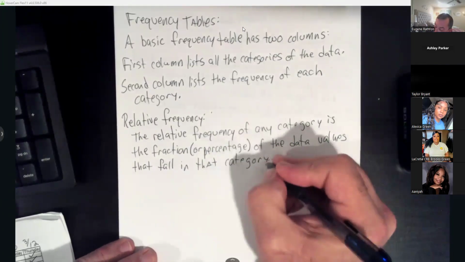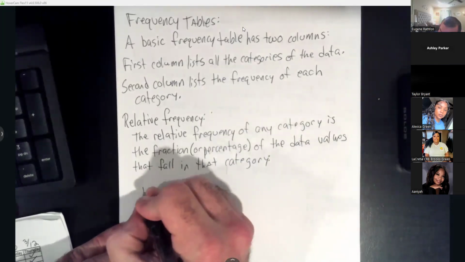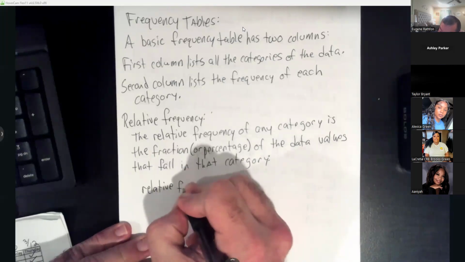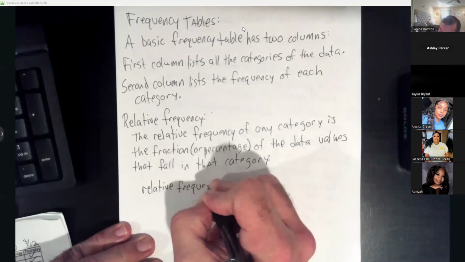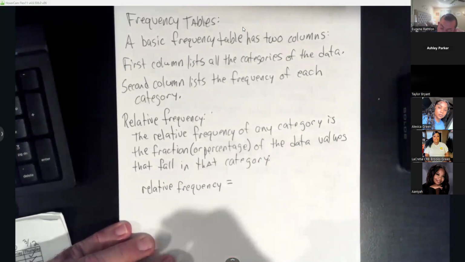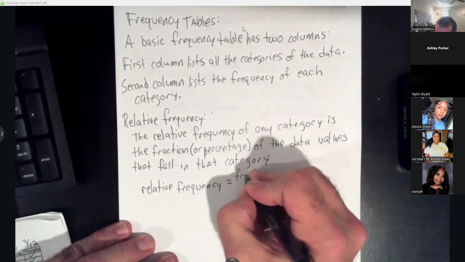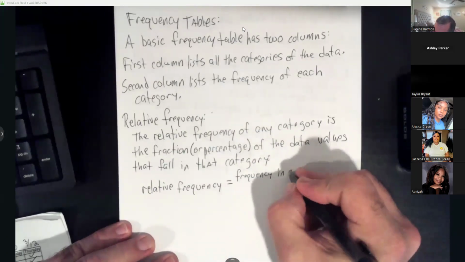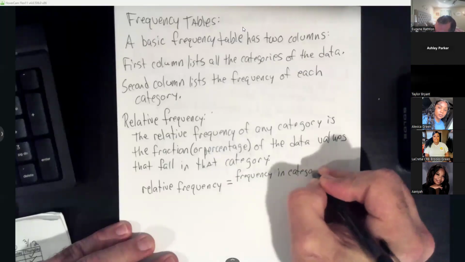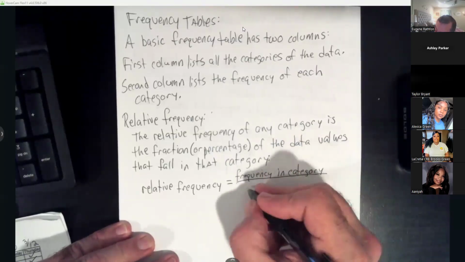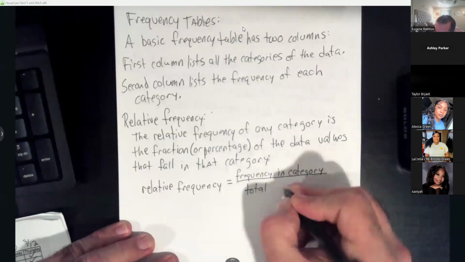And y'all, I'll give you a formula for that. So, your relative frequency equals the frequency in that category divided by the total frequency.